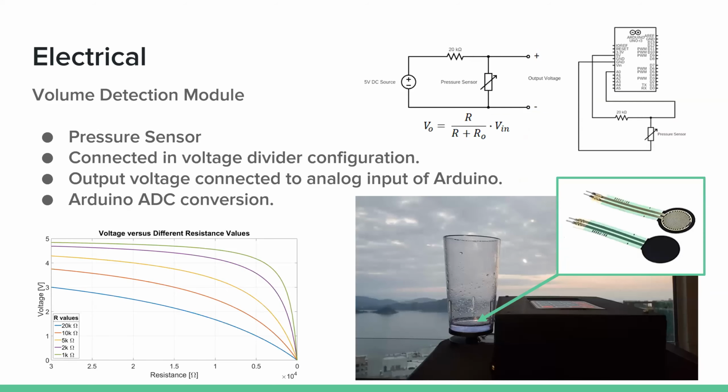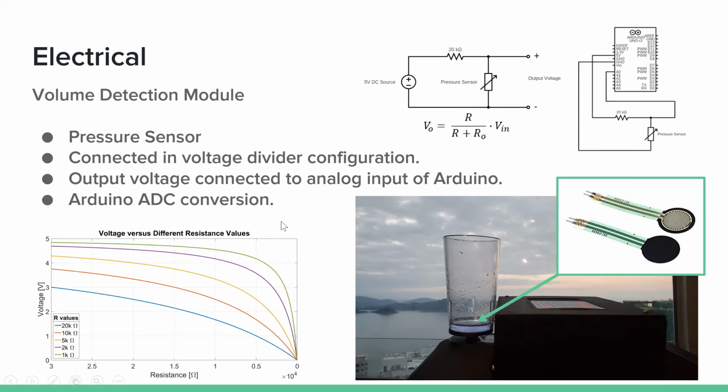However, when you're pouring the drink, the system has to know when to stop. So to do this, what we've installed in the system is a pressure sensor that detects when the cup has been completely filled with the specified volume of liquid. So there's a feedback loop, and when the volume reaches the top, it stops.